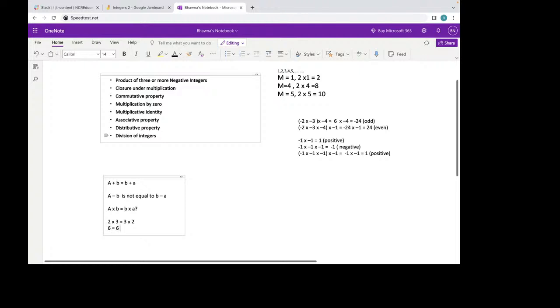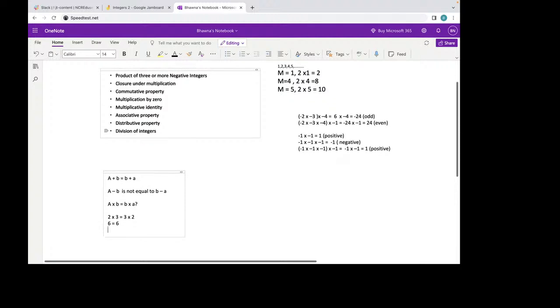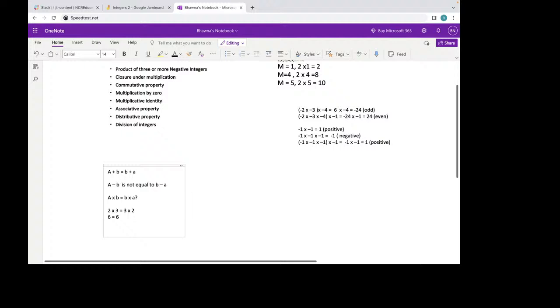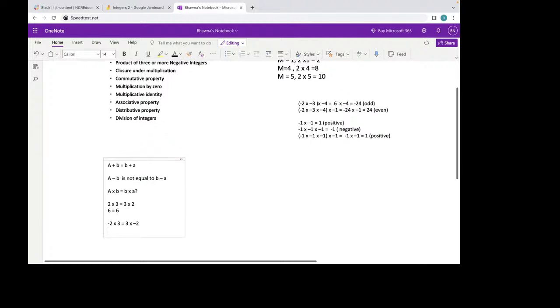So yeah, that follows. But let's take some negative example also. So let's take this time minus 2 multiply 3 is equal to 3 multiply minus 2. Does that also follow? Okay, let's figure that out. So minus 2 multiply 3, here we have one negative and one positive integer.